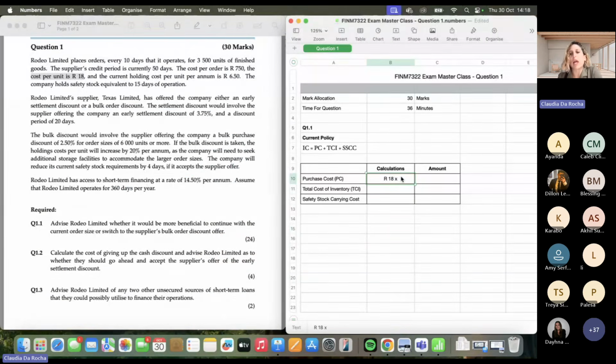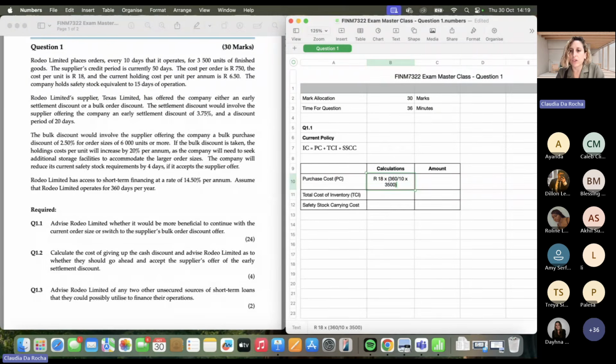Okay, so purchase cost, but now we're going to work out how many units we are working with in a year. Based on the question, they told us every 10 days we order 3,500 units. So we now have to work out how many times we actually order it. We have 360 days here, so we're going to do 360 divided by 10 times the 3,500.